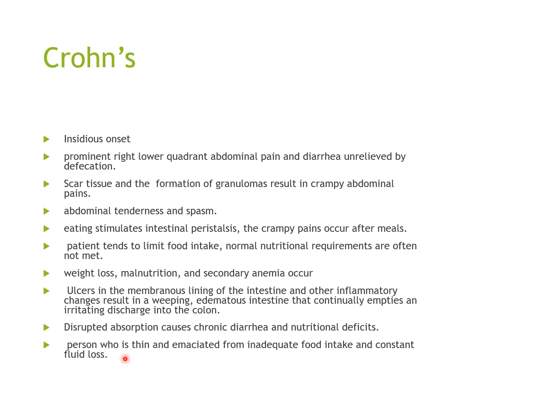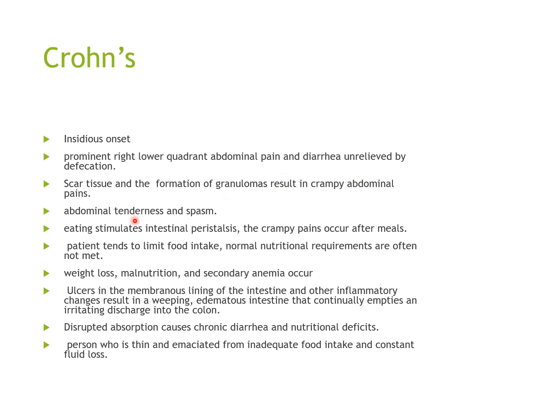So what does a patient look like? They're going to be thin, emaciated from inadequate food intake and constant fluid loss. You may get ulcers as well in the membranous lining of the intestines and other inflammatory changes. So you're going to be getting weeping, edematous intestines that continually empty irritating discharge into the colon. We've mentioned right lower quadrant pain and diarrhea that's unrelieved by defecation.